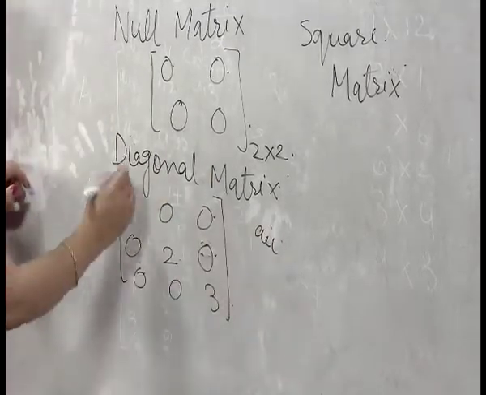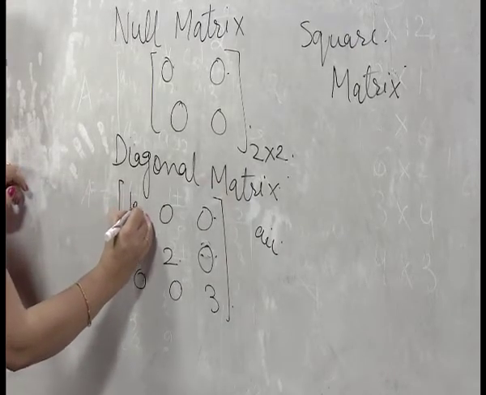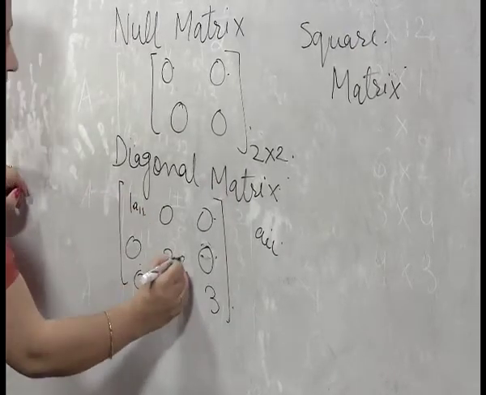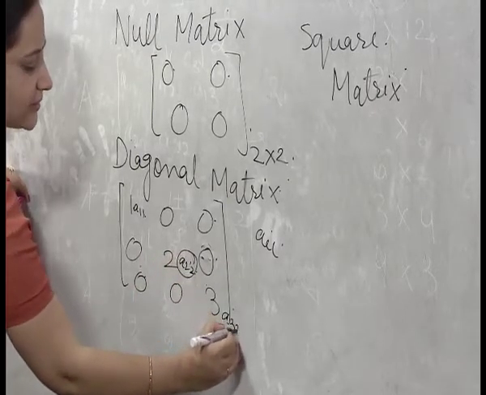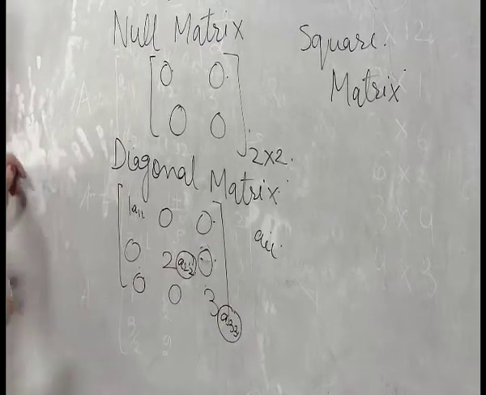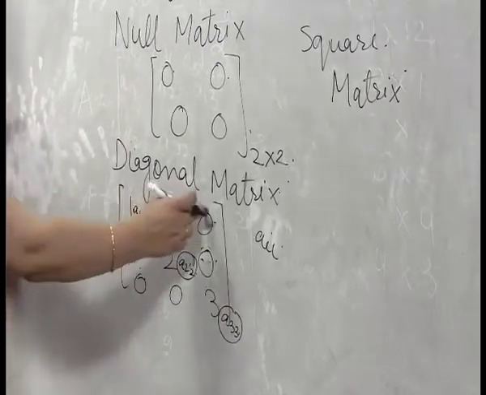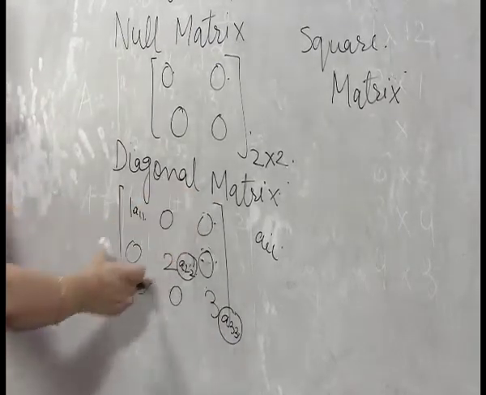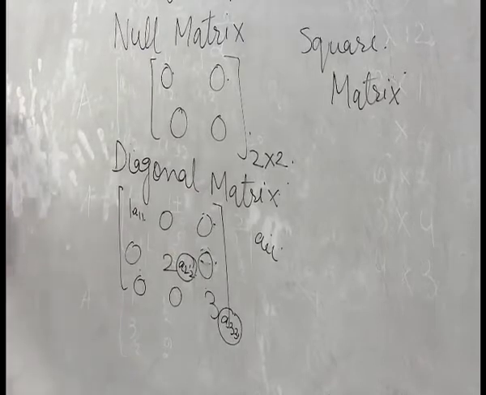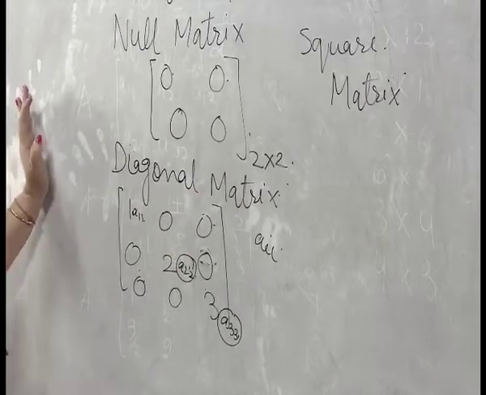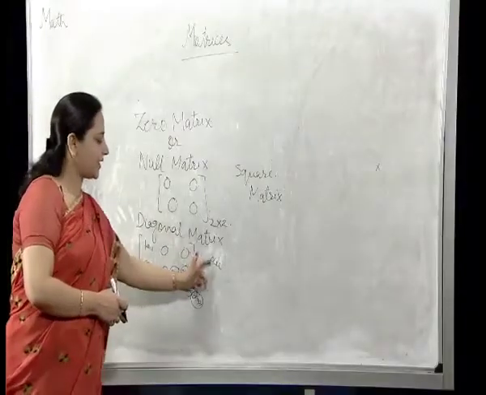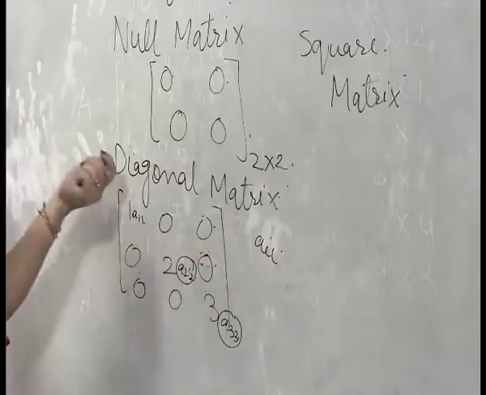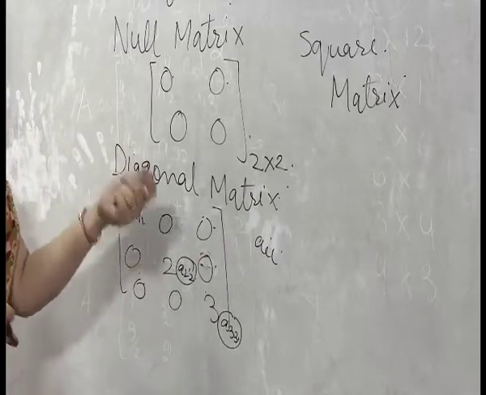That means, if you have this element, this will be A11, this will be A22 and this will be A33. Now, you can ask, why is this not the diagonal? This is also a diagonal, but we don't consider it as the diagonal of the matrix because we define the diagonal of a matrix by Aii. That means the value of i and j is the same.